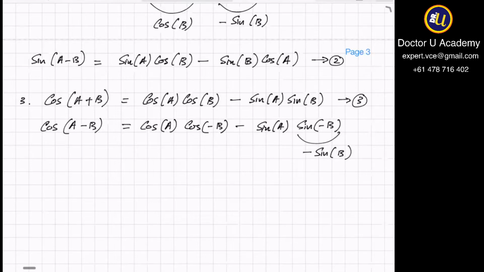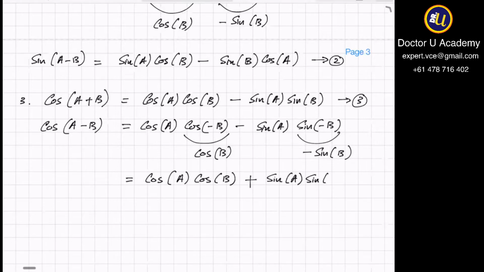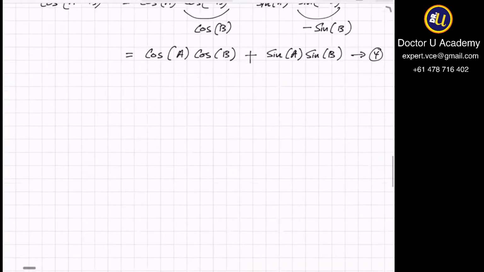This is an even function, it's going to be cos B. So you can say cos A cos B plus, because minus minus becomes plus, sine A sine B, and then this is going to be our fourth equation, right? So in summary, these are the four equations.